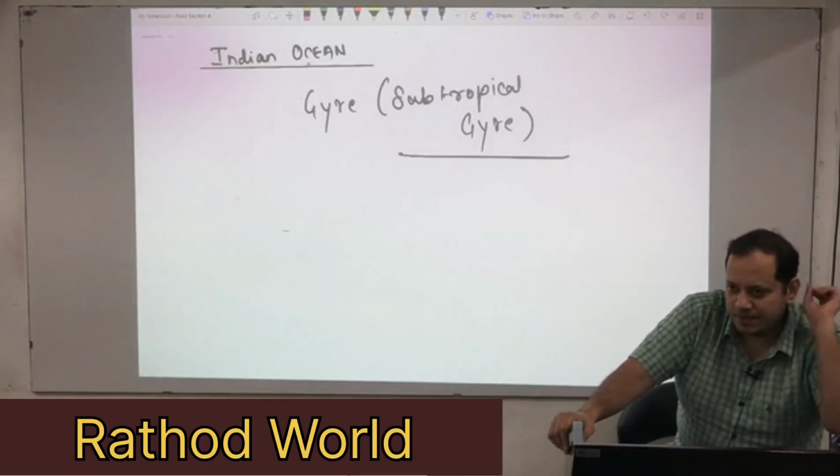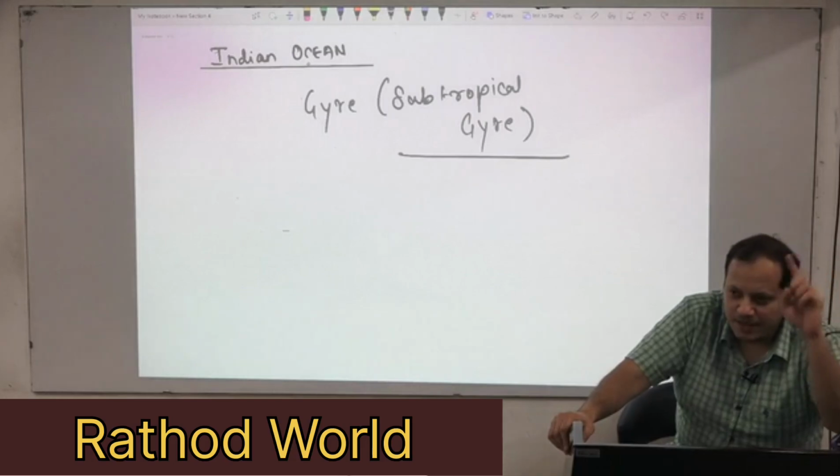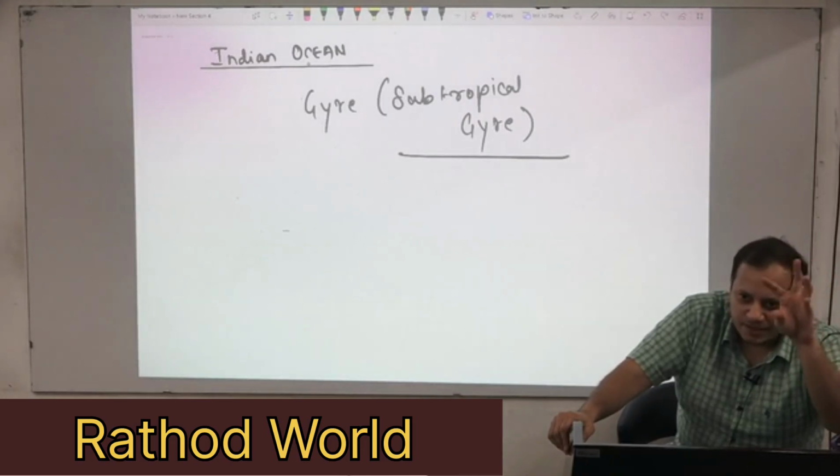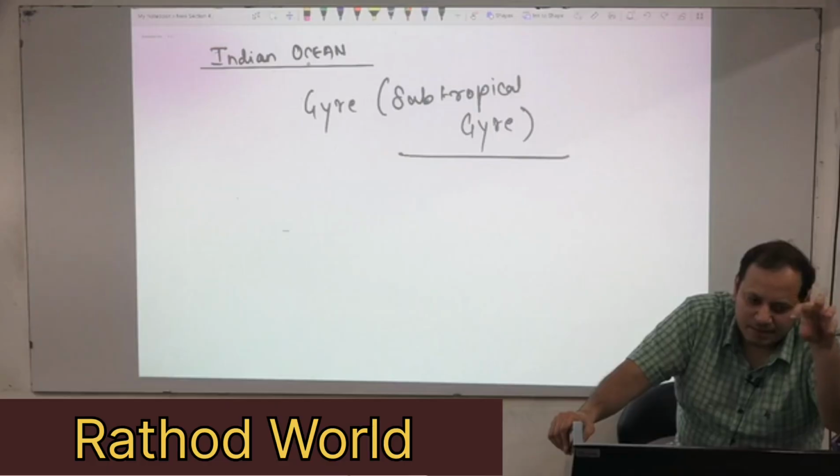Read the statement again: wind in origin, land masses in modification. Land masses do not originate the ocean currents, they will modify the direction of the ocean currents. Getting it? Wind plays the most important role in origin and the land masses in modification.